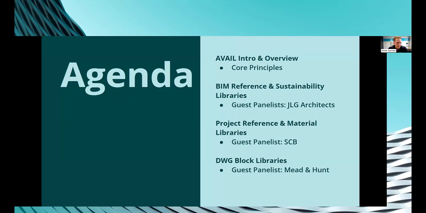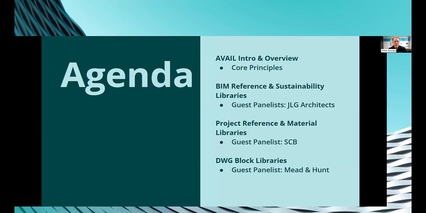So I'm going to talk about those core principles, and then I'm going to hand it off to four different panelists. The first of which are AVAIL champions at JLG Architects. They're going to be talking about some of their BIM reference library content.